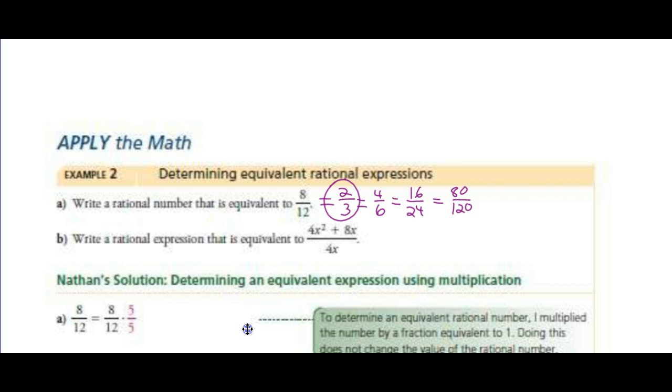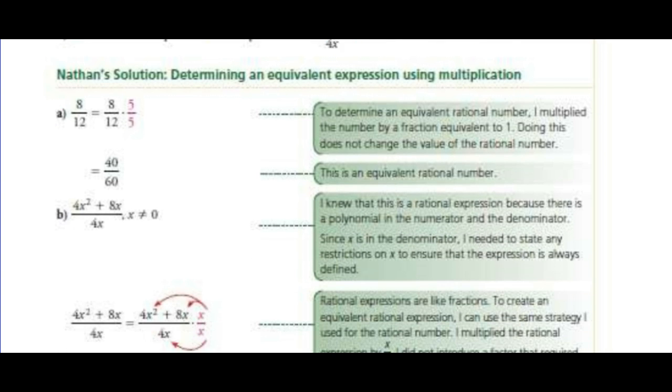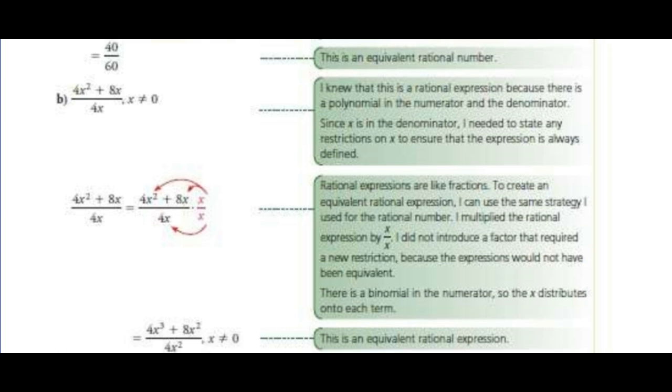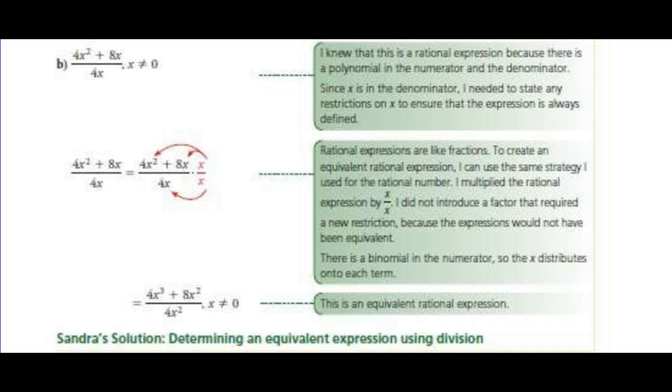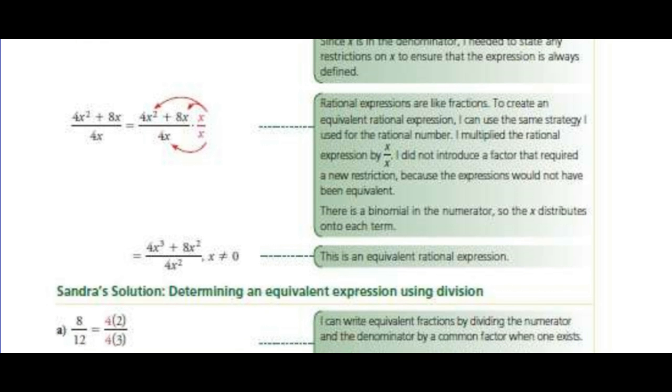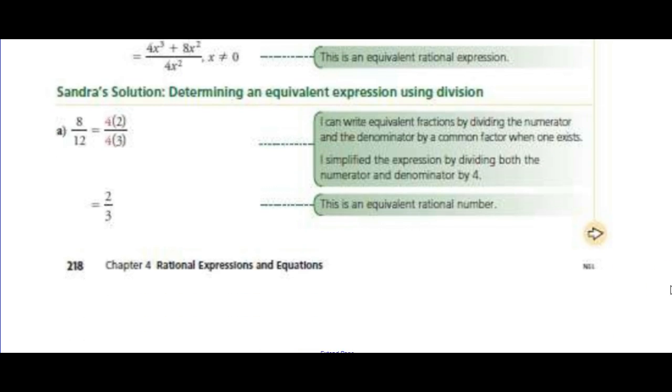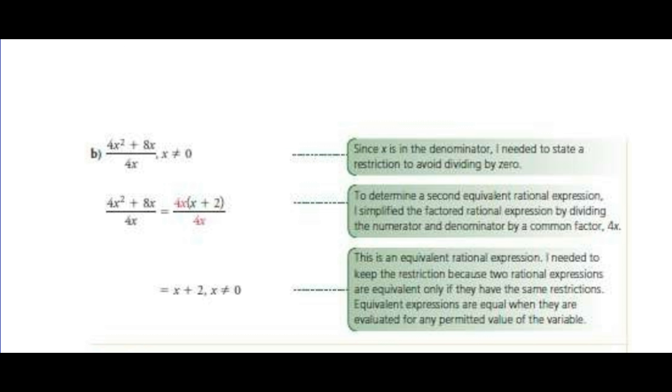All right, let's see the solution that they have. Nathan's solution. A we did. Multiply top and bottom by x, giving you 4x cubed plus 8x squared over 4x squared. Again, the restriction. Sandra's solution, she's going to do division, so 8 over 12 simplified.